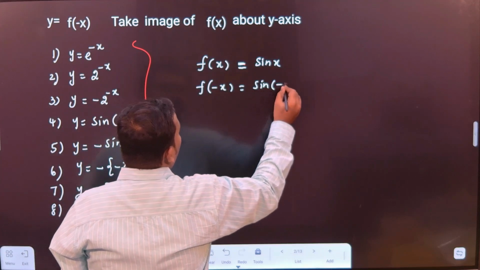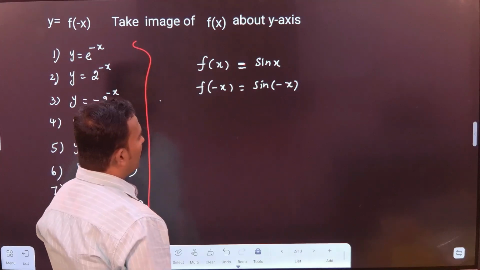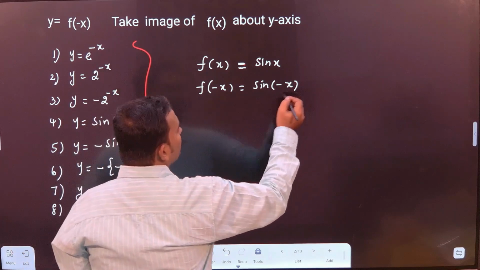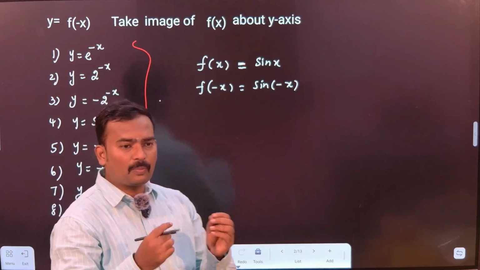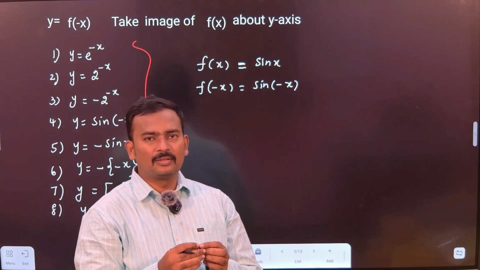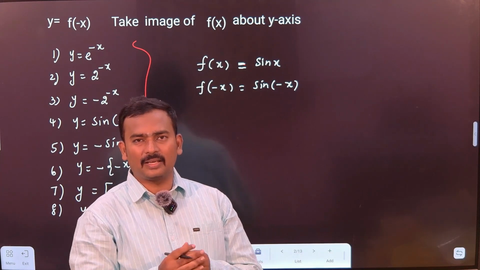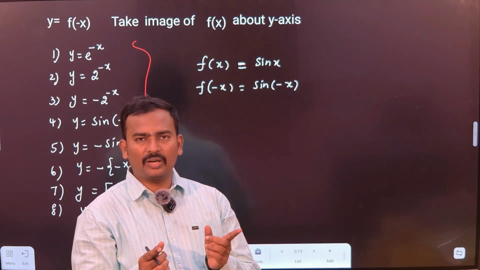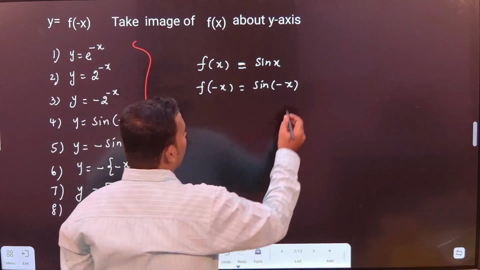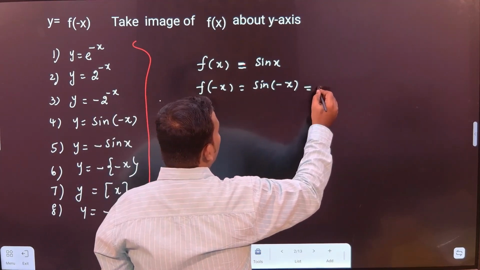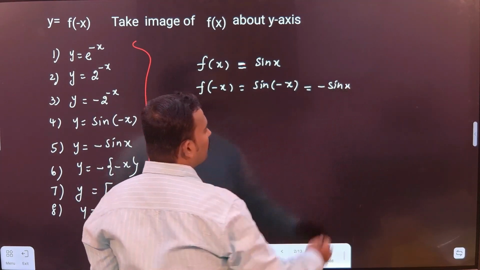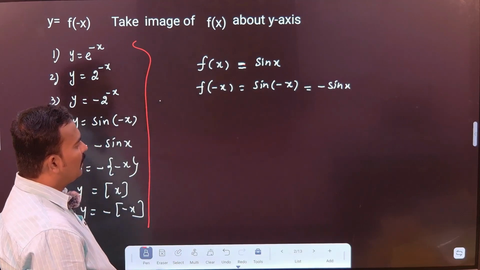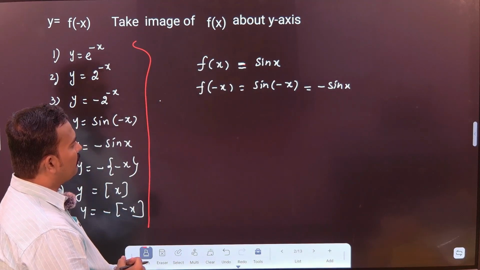Sine of minus x, right? So you already know that sine of minus x is what? Minus sin x or plus sin x. You can see that minus sin x lies in the fourth quadrant. So definitely the sine of minus theta will be minus sin x. Clear? Okay. Then how to draw the graph?